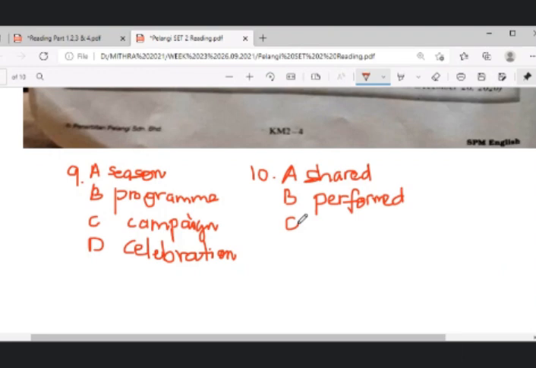C, informed. Okay, you don't have to refer to the answer because they are not actually the answers for this section. And D, obtained. Okay, all right, try to check your answer now.